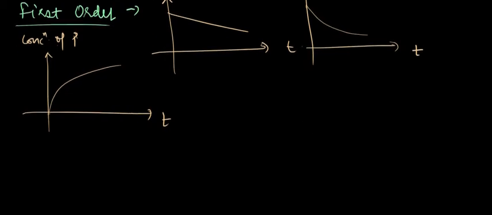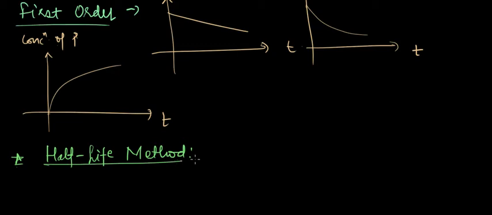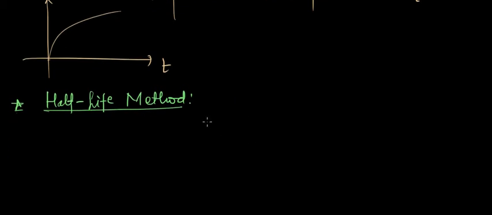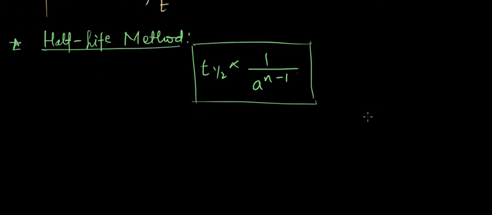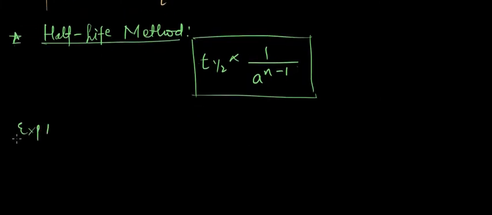And the third method is the half-life method. We know that T half is inversely proportional to a to the power n minus 1. This we have seen in the previous lectures, so we will be leveraging the same in our experiments.